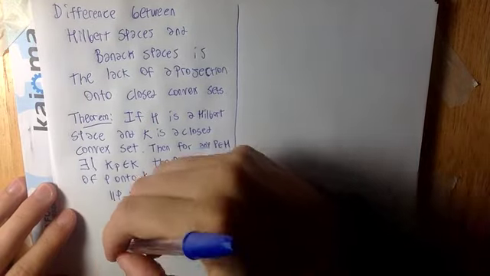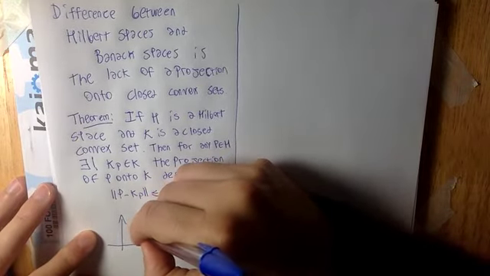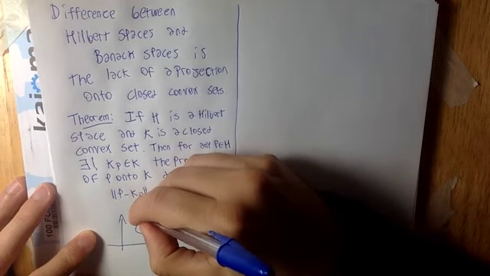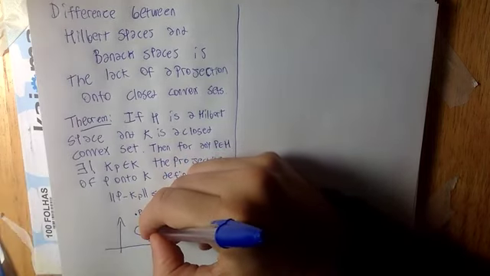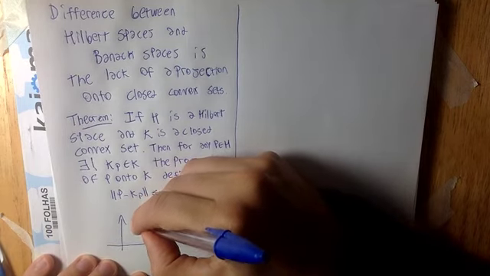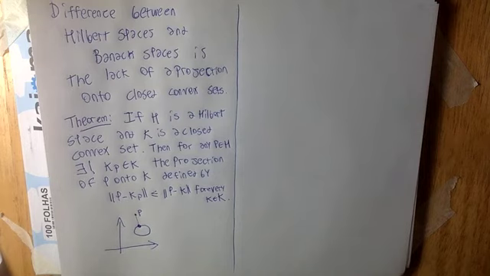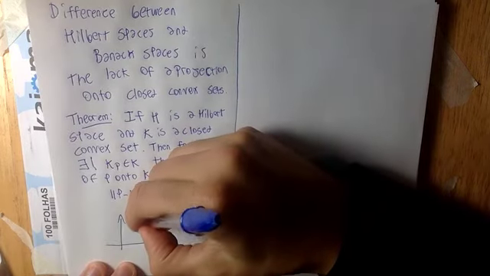Morally, let's say that we have a convex set here and we have a point P here. Then we can actually find which one is the closest point to P. This guy here is Kp.